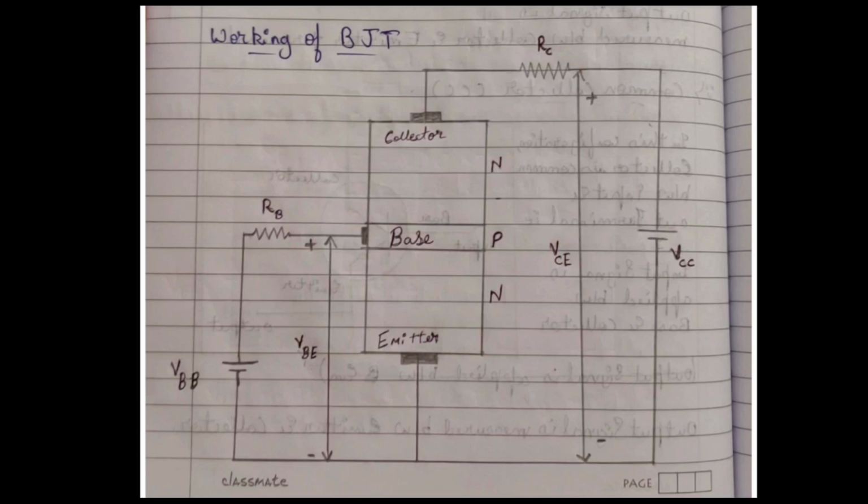And also due to the small width, we know that the base region is very small in width and very thin, and the electrons entering this region will easily escape that small width. So the probability of electrons being captured in the base region, or occupying these holes, is very low.